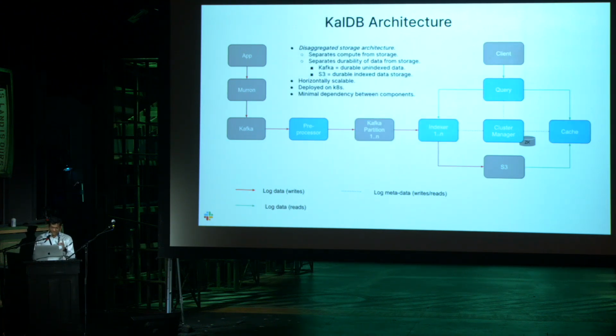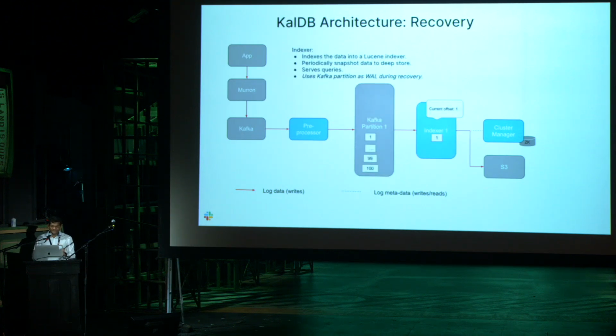So let's zoom in on that durability a little bit as part of the recovery feature in KalDB. As I said before, the indexer does three things. The indexer takes the data from Kafka and indexes it into a Lucene index. It periodically snapshots the data into a deep store and it serves queries. And while doing this, it is actually using the Kafka partition as a write-ahead log.